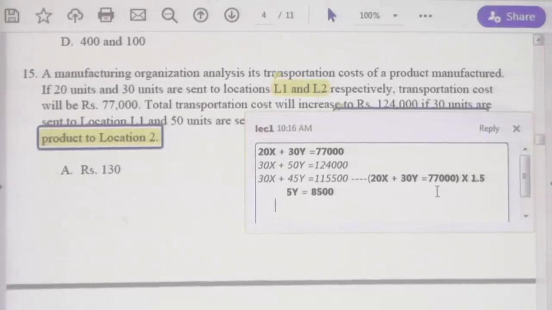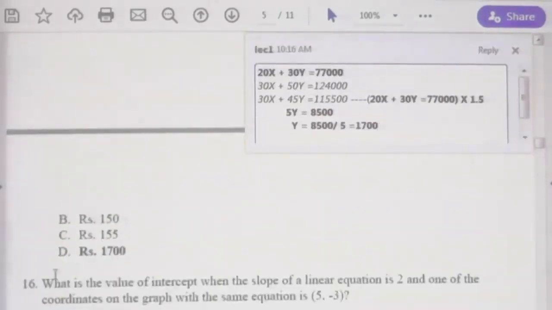Therefore, you can say y equal 8,500 divided by 5, answer 1,700. Let's see the answer here. Answer is 1,700. They are asking only the cost to location 2. Cost to location 2 is represented by y. Therefore, the answer for y is 1,700.